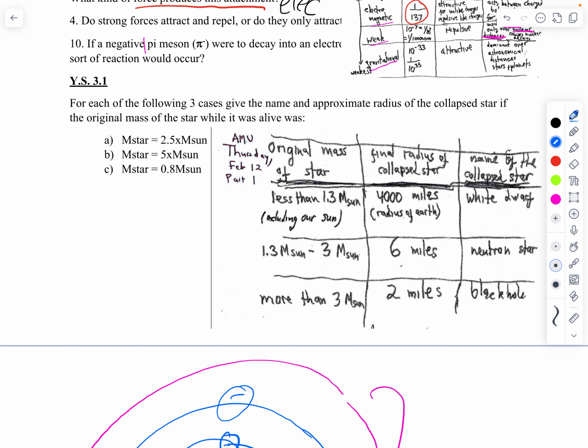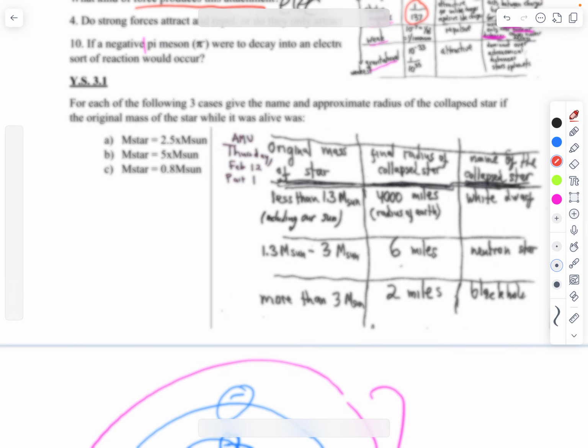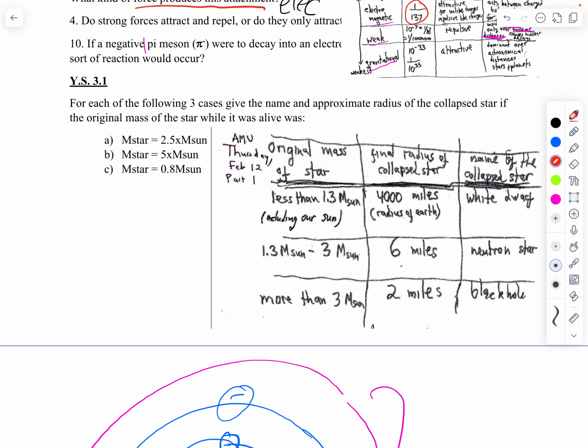For this problem, I think it's easiest if you think about it this way. There are three types of collapsed star: a white dwarf, a neutron star, and a black hole. Each is named based on their original mass compared to the sun.